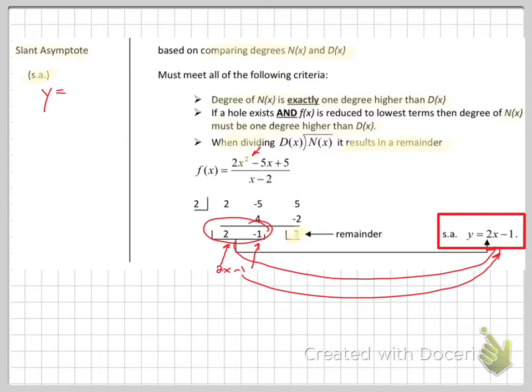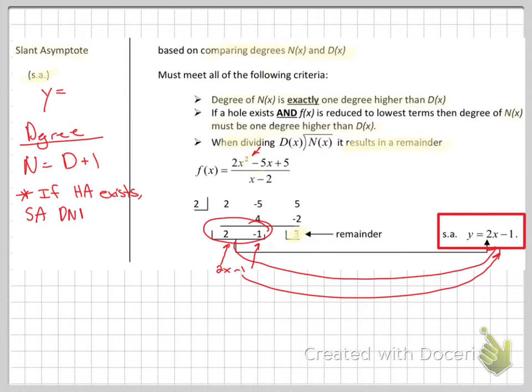Because we are still comparing the degree of the numerator and the denominator, here's what we need to know. It's based on the degree again. The degree of the numerator has to equal the degree of the denominator plus 1, which means if a horizontal asymptote exists, slant asymptote does not exist.